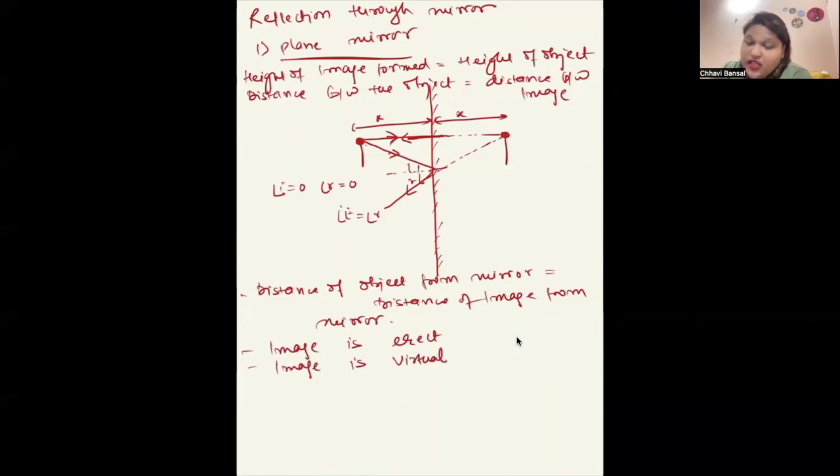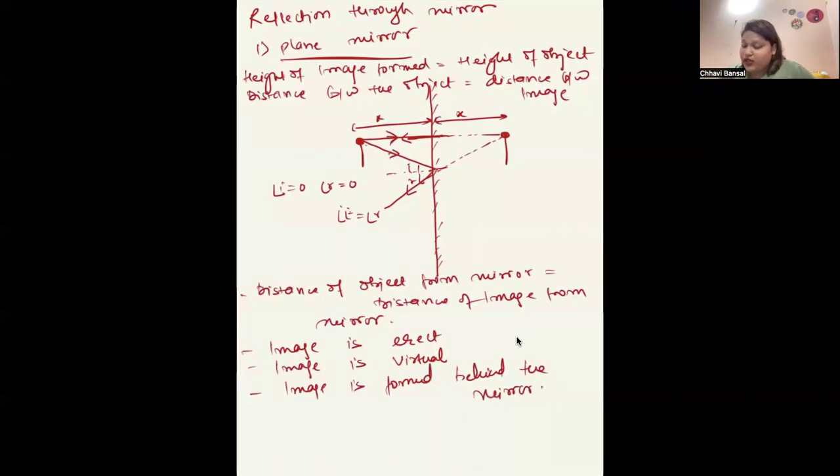Virtual means the rays appear to meet. They are not actually meeting, but they appear to meet, right? So the image formed is virtual. Now, where is the image formed? Behind the mirror.